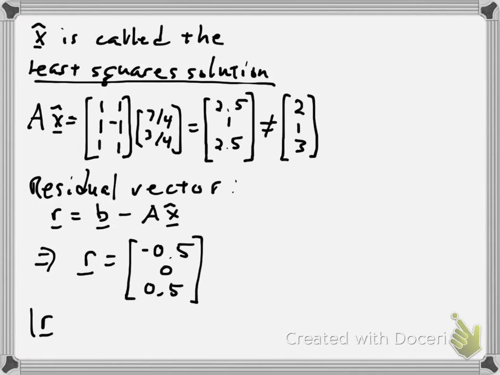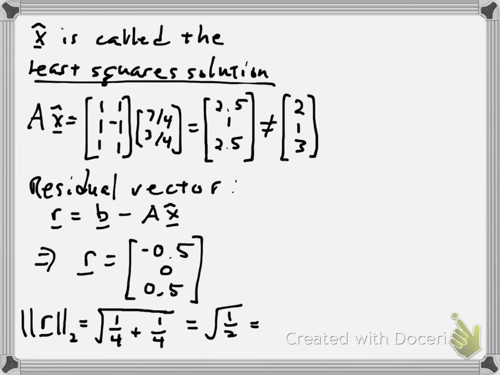So the 2 norm is a sum of squares. If we square minus a half, we get a fourth. Of course, squaring 0 is 0. We square another 1/2, which is a fourth. So underneath the square root, we add 1/4 and 1/4 to get a half. So this equals the square root of a half, or if we rationalize this, root 2 over 2, or roughly 0.707.